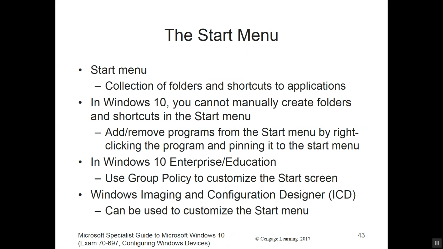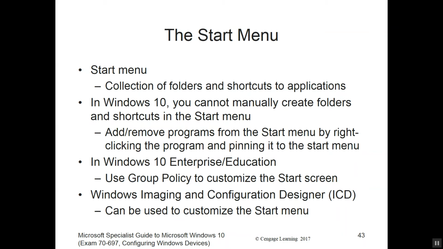Pop through here. Let's get into the Start menu. Start menu is a collection of different folders and shortcuts to applications. In Windows 10, you cannot manually create folders or shortcuts in the Start menu. It means adding and removing programs from the Start menu by right-clicking the program and pinning those programs to the Start menu.